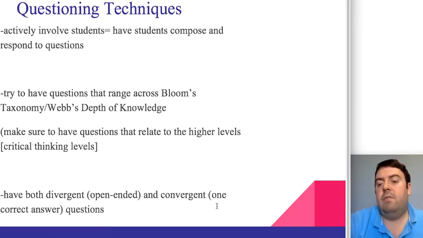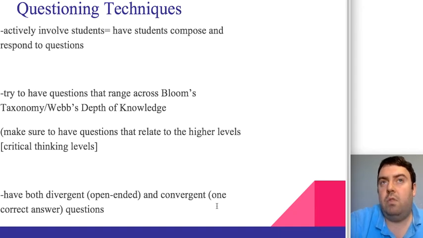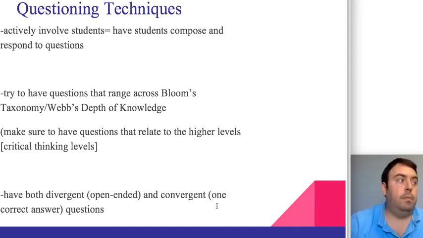And so it's important to give students practice with that in the classroom itself. And like we talked about earlier, the good thing about divergent questions or open-ended questions is that many times those are higher order thinking questions that really make students think, that really challenge the students. And so many times those divergent questions or those higher order thinking skills, those critical thinking questions, start with words like why or how.